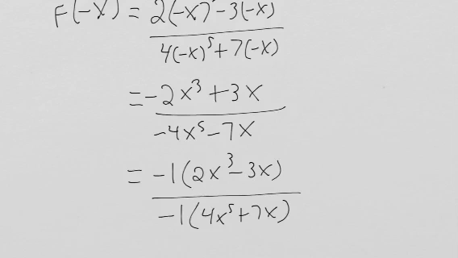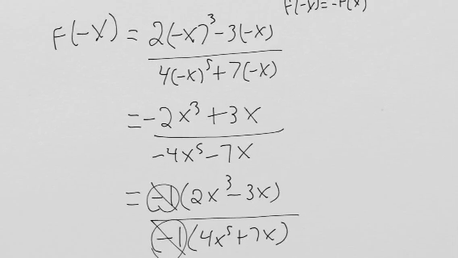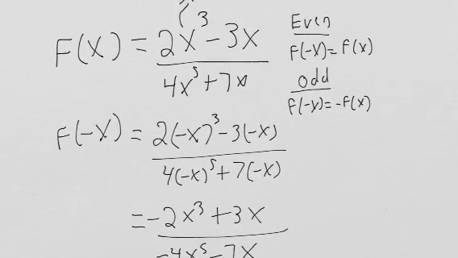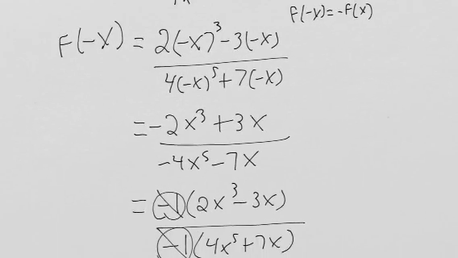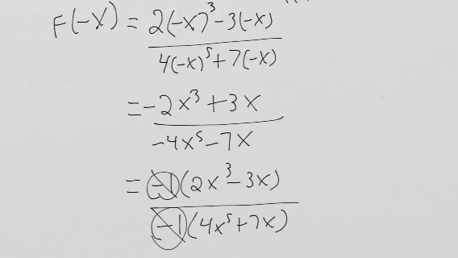We have a negative 1 on top and a negative 1 on the bottom, so they cancel. We are just left with 2x cubed minus 3x over 4x to the fifth plus 7x, which is exactly what we started with. So this is even.